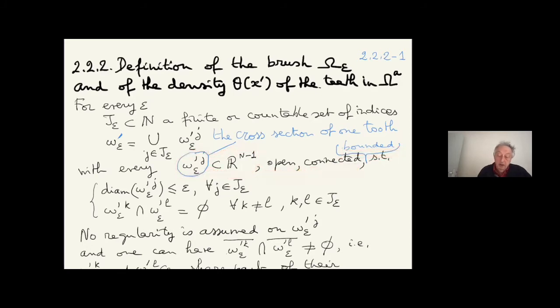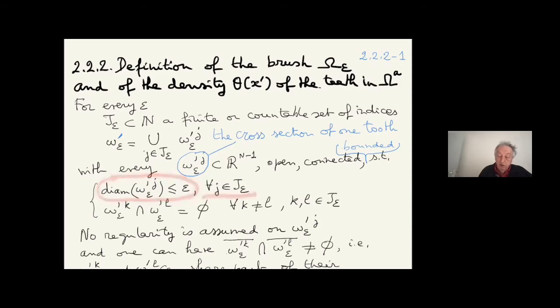And there are two more conditions. The first is that every cross-section omega prime_j^epsilon has a small diameter, and more exactly that for every j in J_epsilon, epsilon fixed, the diameter of the cross-section is less than epsilon.